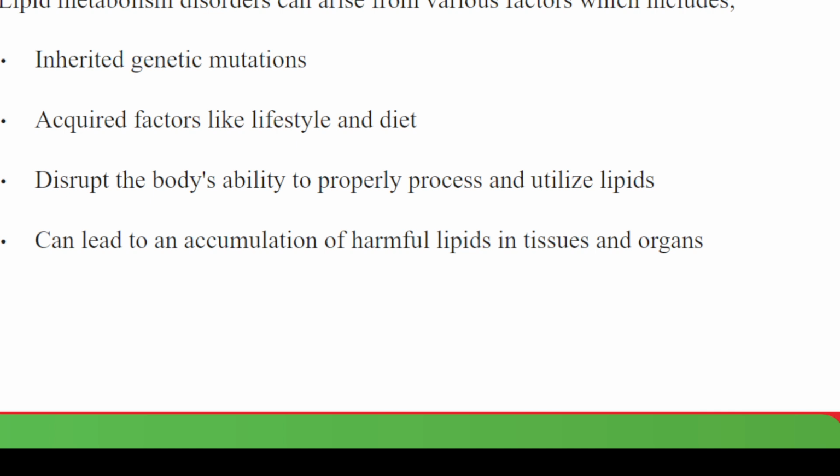So the process of lipid metabolism may not occur as efficiently as expected, or as it would be without that condition or disorder.